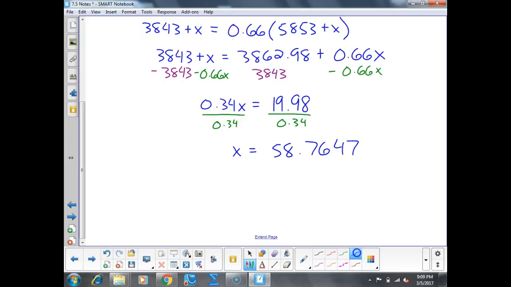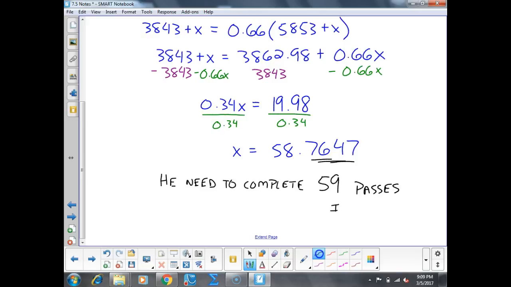58.7647. Now, that's great. I get that on my calculator, but the problem is I can't complete this 0.7647 part of a pass, so he will need to complete 59 passes in a row.